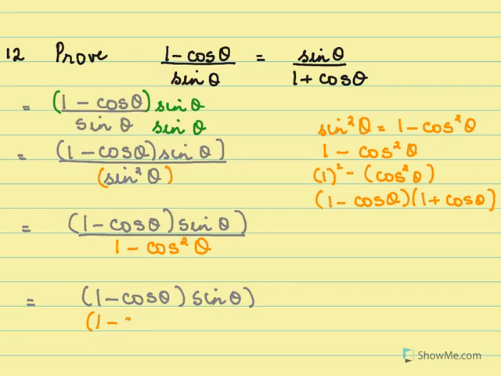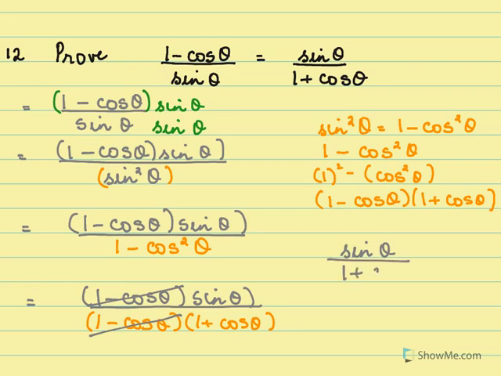So for 1 minus cos square, write 1 minus cos theta and 1 plus cos theta. In your statements, you have to write a square minus b square is a minus b, a plus b. Now here I can reduce this. So what I'm left with now is sine theta over 1 plus cos theta.